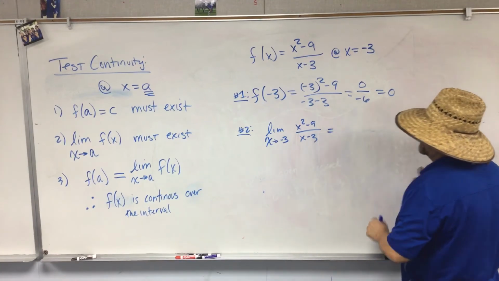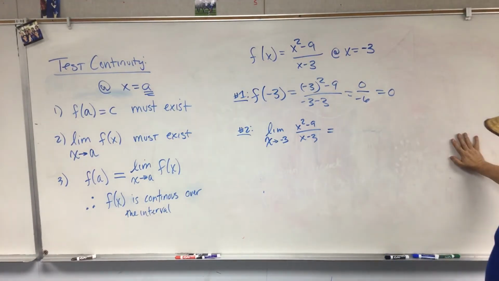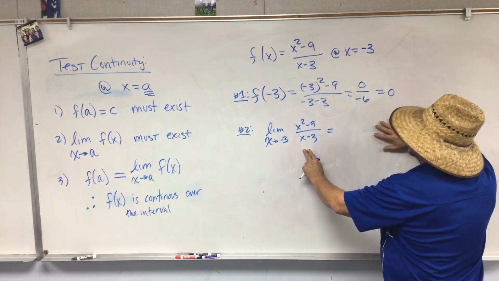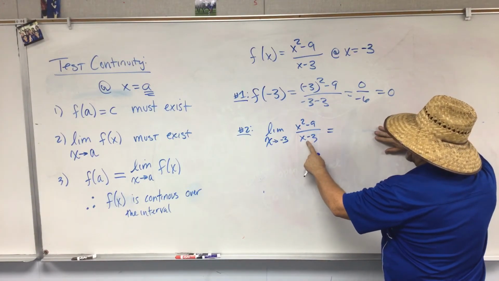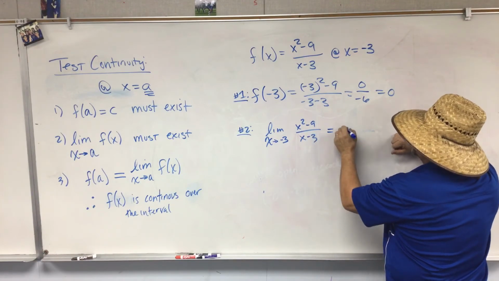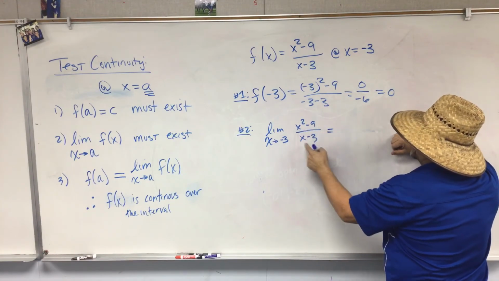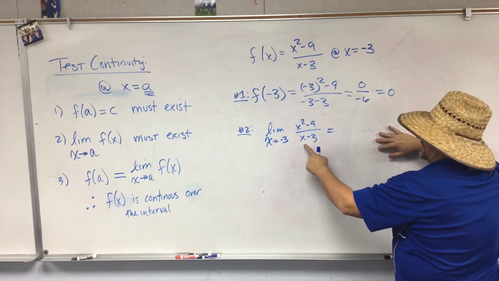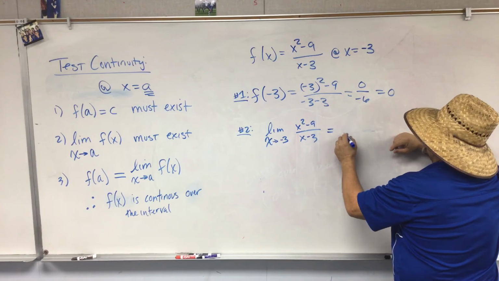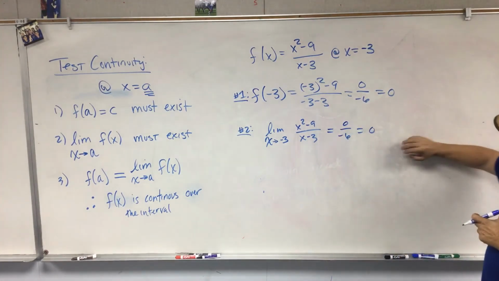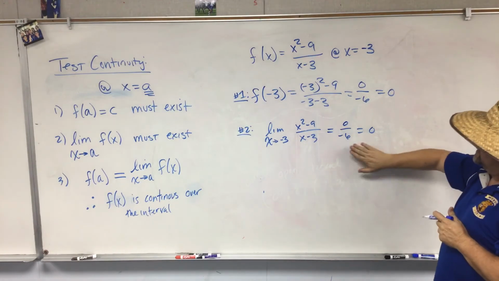If we plug it in, what do we get? We get 0 on top and -6 on the bottom, so we end up getting 0 over -6 again, and we get 0.